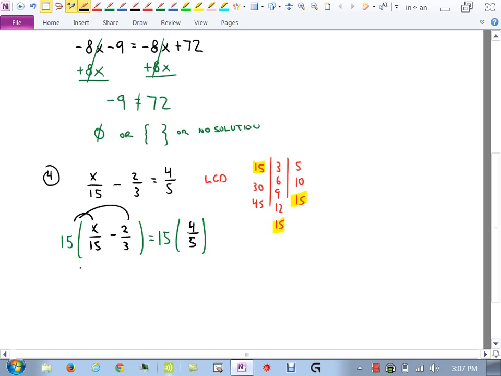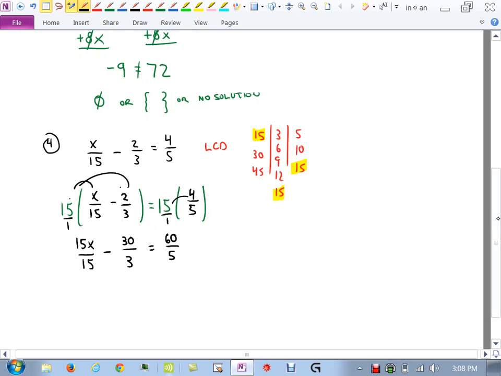Distribute. This is 15x over 15. Distribute through here. Remember, 15 is 15 over 1, so I'm multiplying straight across. 15 times 2 is 30, over 1 times 3 is 3. On the right side, 15 over 1, multiply here. That's going to be 60 over 5. So now I reduce these.